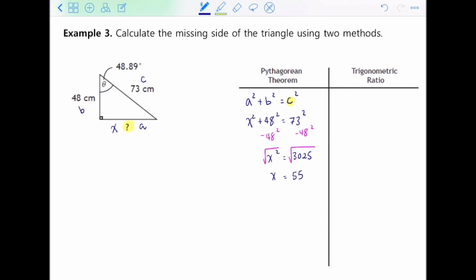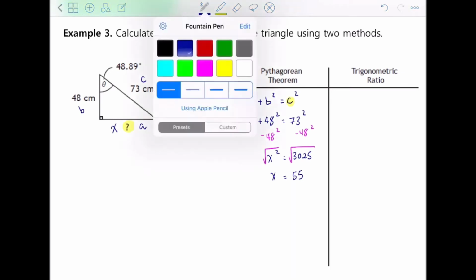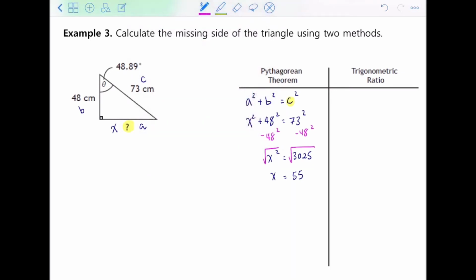This time we'll use trig ratio. This is method number 2. Let's set up the names of the sides first. So we have angle theta, and the opposite side would be called opposite, adjacent, and then hypotenuse. And so we could use one of the trig ratios, SOHCAHTOA.